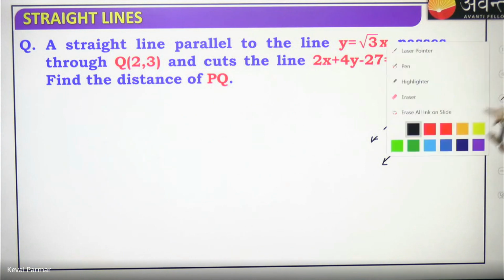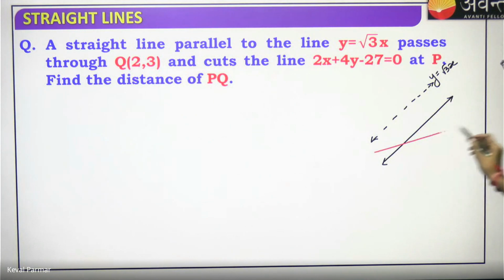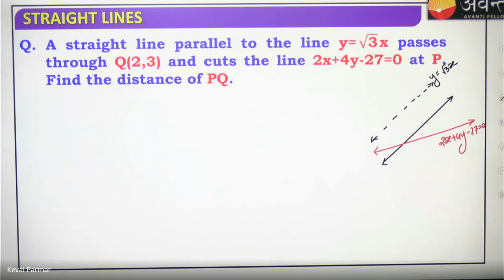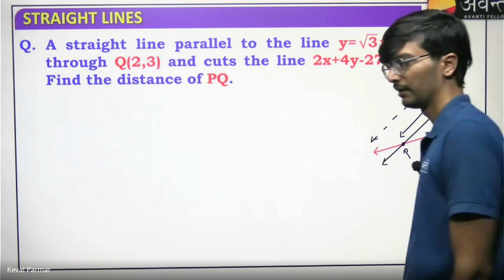And this black line cuts the red line, which is 2x plus 4y minus 27 equals 0, at point P. And there is already a point Q on this line, which is (2, 3). We have to find this distance. Very simple, guys. Use parametric or symmetric form.